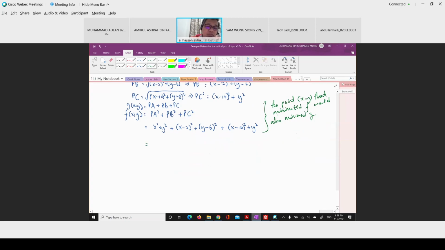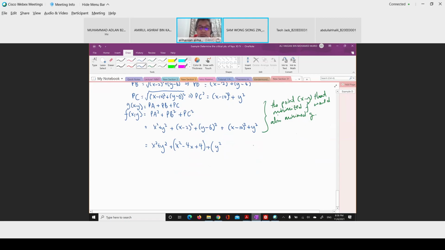So let's first simplify f(x, y). Let's expand (x minus 2) squared, which is x squared minus 4x plus 4. If you expand (y minus 6) squared, it is y squared minus 12y plus 36.